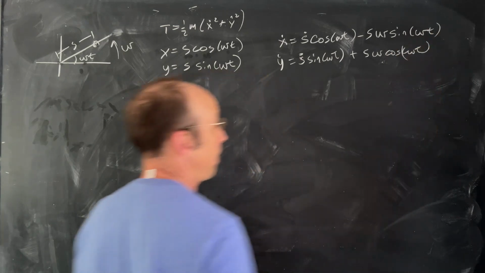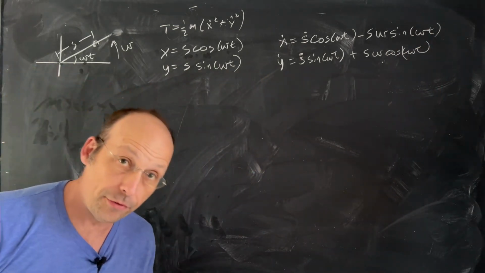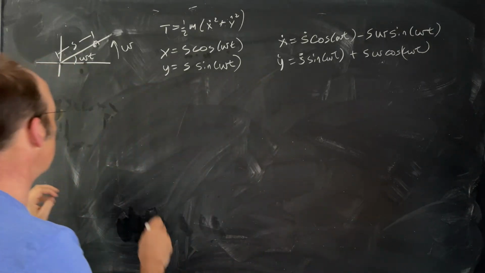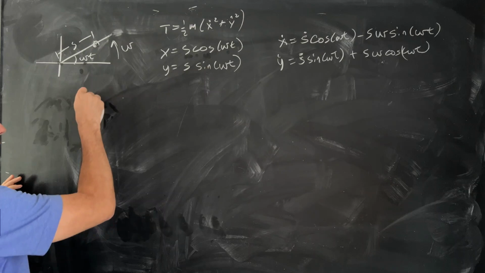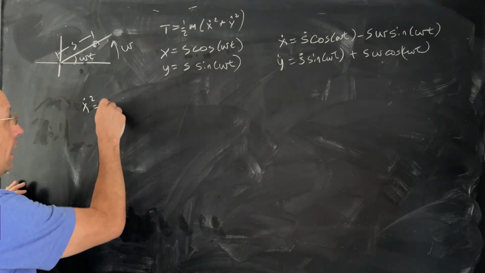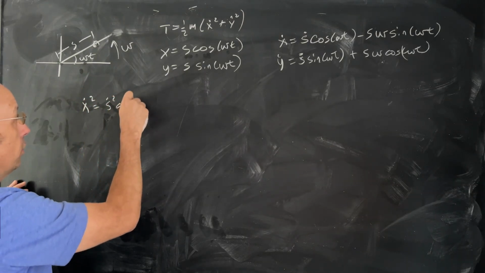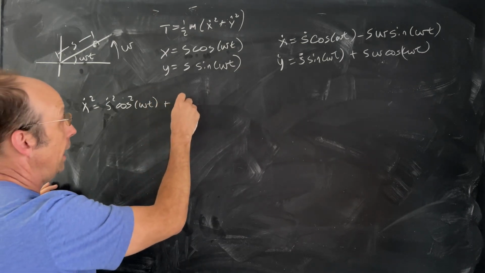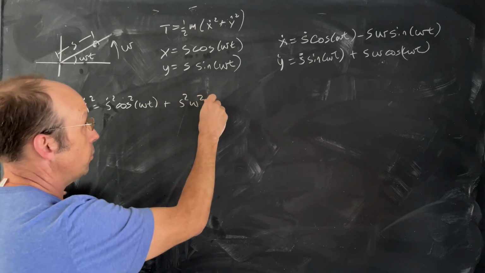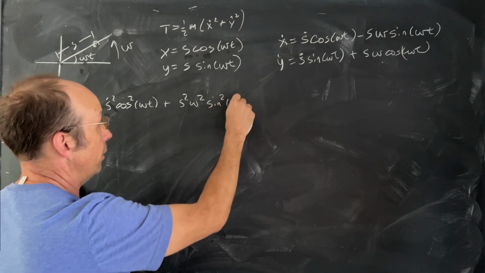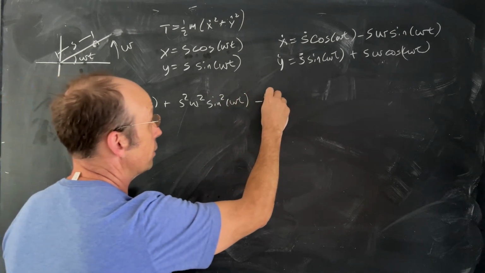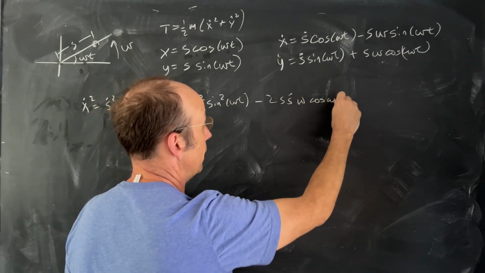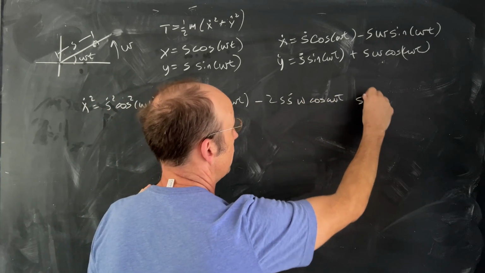Now I need to square both terms and add them together, and maybe you see what's going to happen, but I'm going to do it the long way because I care. I care about you. So x dot squared is going to be s dot squared cosine squared omega t plus s squared omega squared sine squared omega t minus 2 s s dot omega cosine omega t sine omega t.